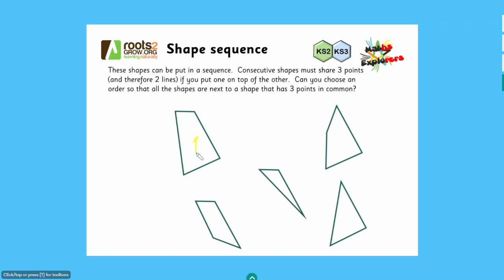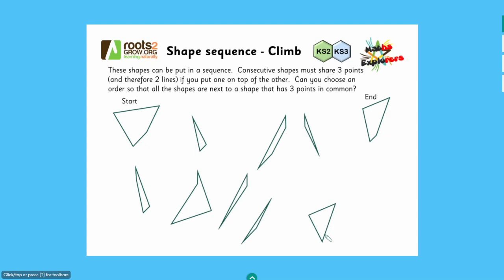Let's say I think this one goes first. Okay, so that's number 1. Maybe this would be number 2. Maybe then this would be number 3, for example. But then I'm a bit stuck because I haven't got anything that this triangle will match up with after number 3. So I'll have to find another way around for that.